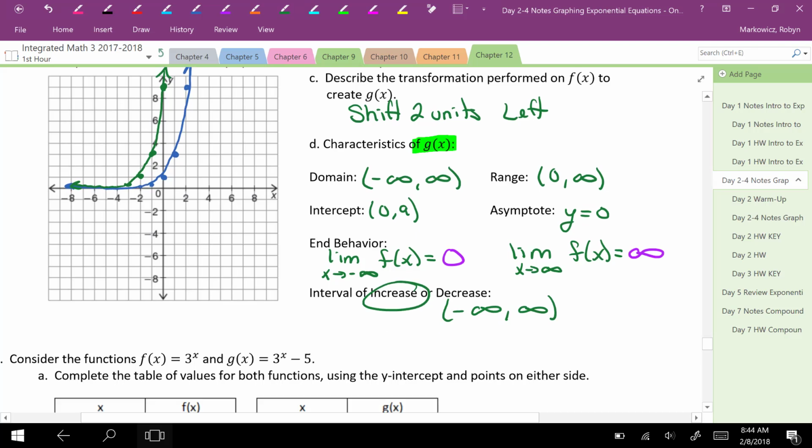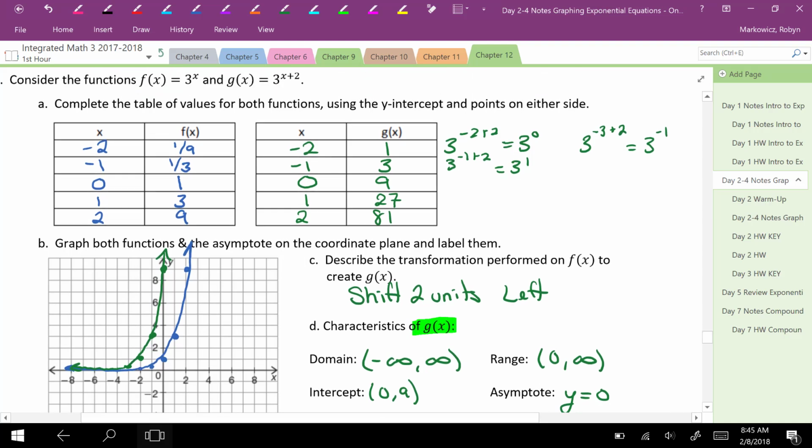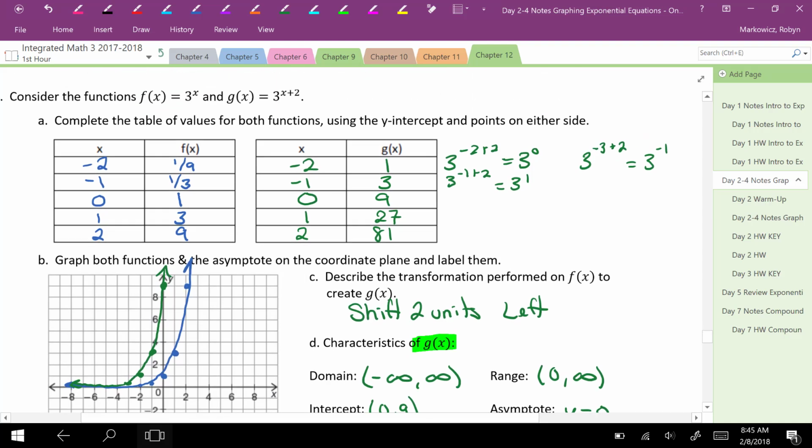Okay? All right, so inside the exponent, are we going to go horizontal or vertical translation? Horizontal. Inside the exponent, just like with quadratics, when you're inside the parentheses, it's horizontal.